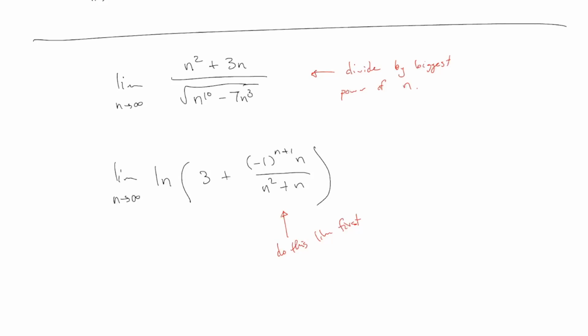But as a cautionary tale, my hint is the biggest power of n here is not actually 10. It has to do with the fact that there's a square root sign there. You have to think a little bit differently about the power in the bottom. I'll let you think about that. Decide which power you're going to divide everything by.